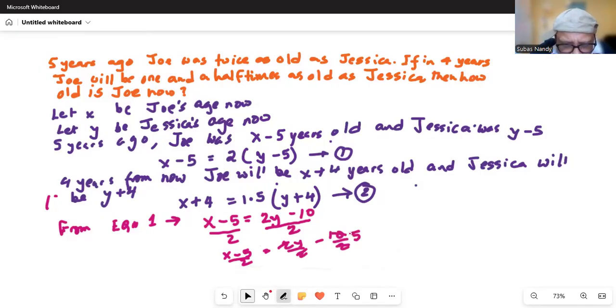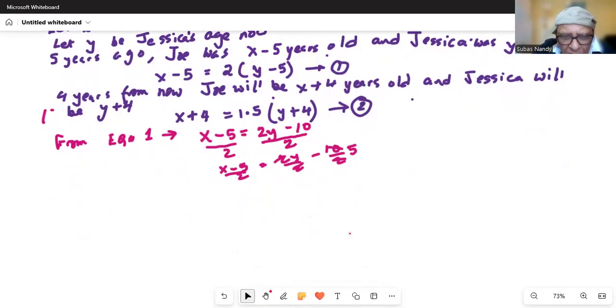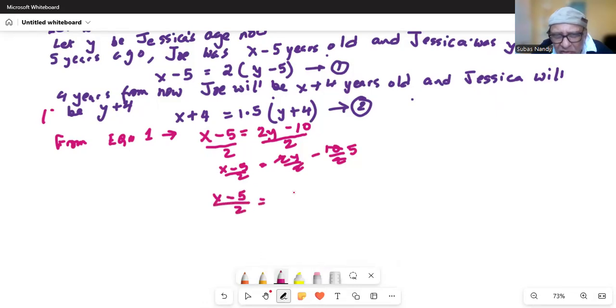Or (x minus 5) divided by 2 is equal to y minus 5. Now I will add plus 5 on both sides. Why? Again, I want to separate y from x. I want to find the relationship between y and x. So I get (x minus 5) divided by 2 plus 5 is equal to y.